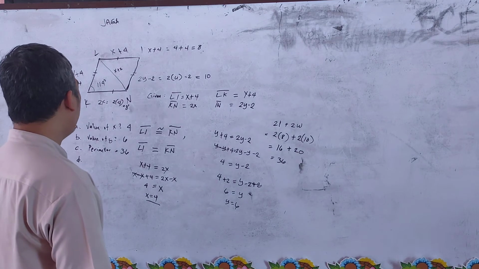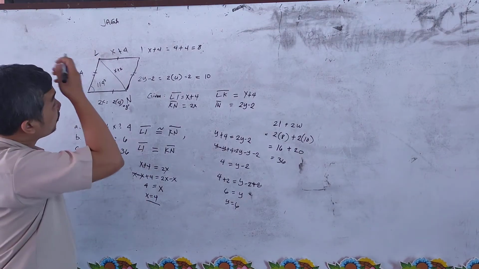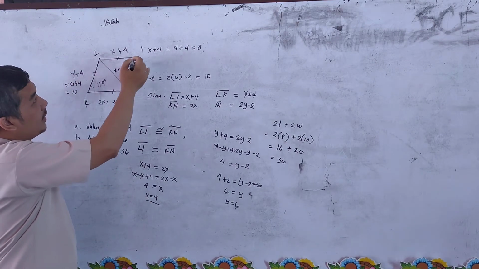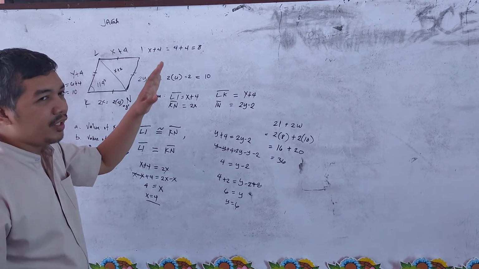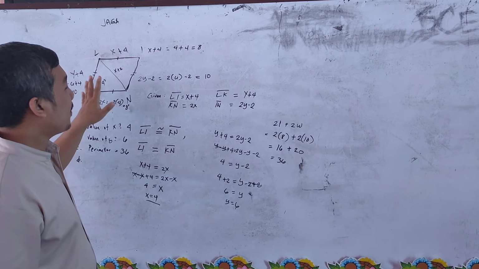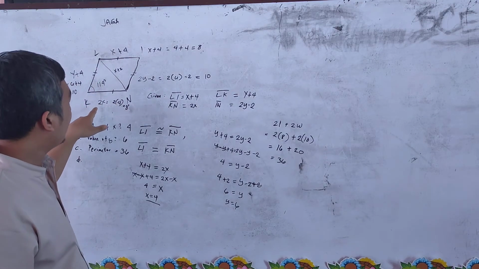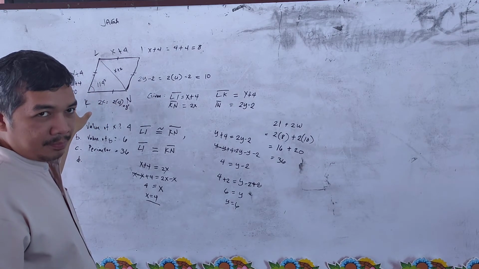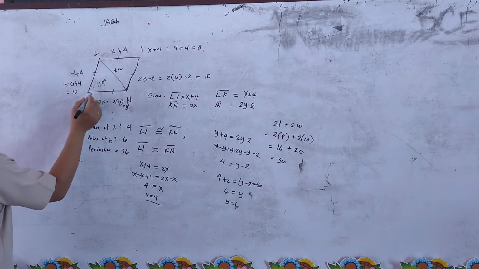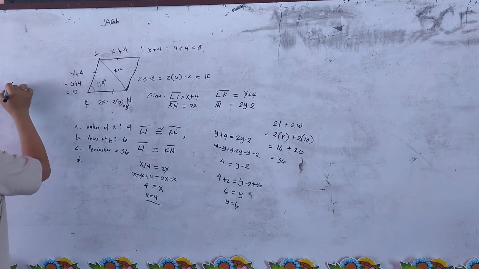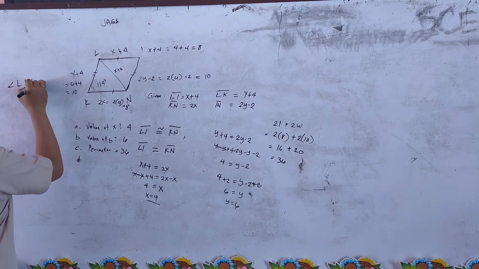Ang letter D is yung angle nito. Para sa situation na to, para malaman nyo kung paano basahin kung ano yung nasa gitna, LKN.